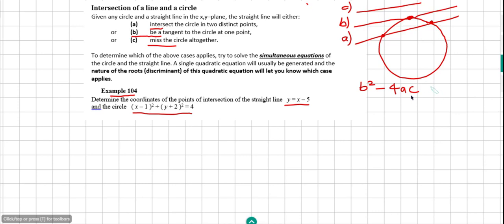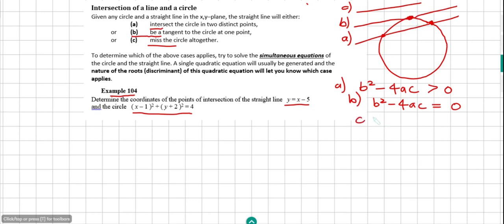And if it's greater than 0, then that would be situation A. So greater than 0 would mean we had two solutions to our quadratic, which corresponds to having 2 points of intersection with a circle. Situation B would be when b squared minus 4ac is equal to 0. And that would correspond to it being a tangent and only having 1 point of contact.